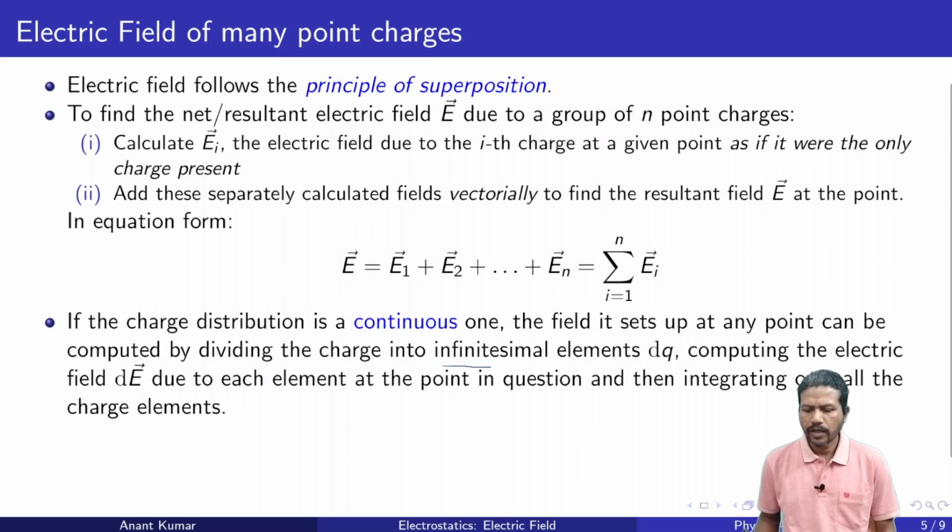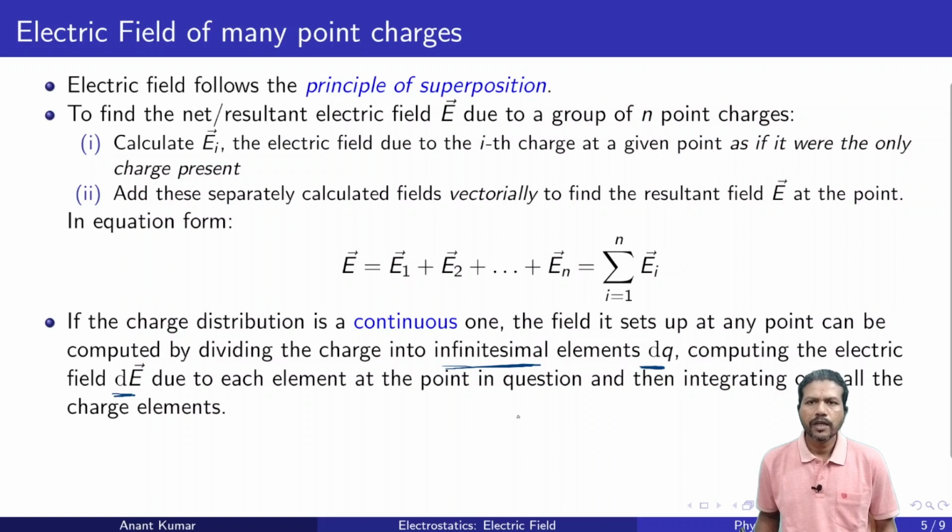So I'm just dividing the charge into infinitesimal elements, very small elements, dq. Then computing the electric field dE due to each of these elements, assuming that they are point charges, and then integrating over all the charge elements. In this case, therefore, we need to integrate.